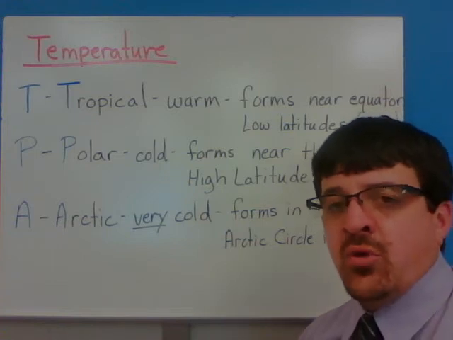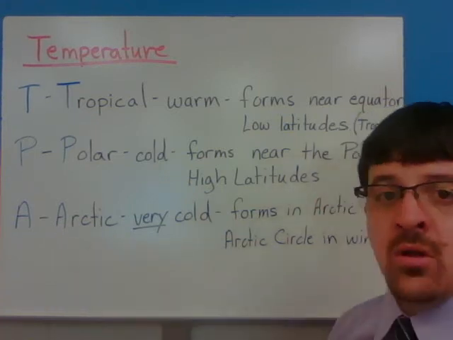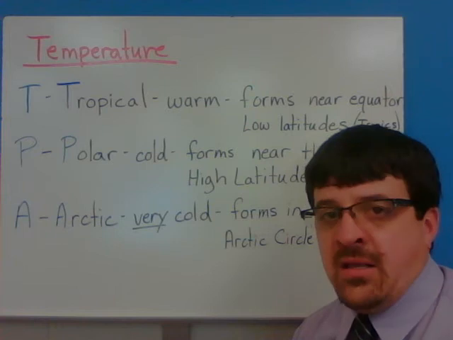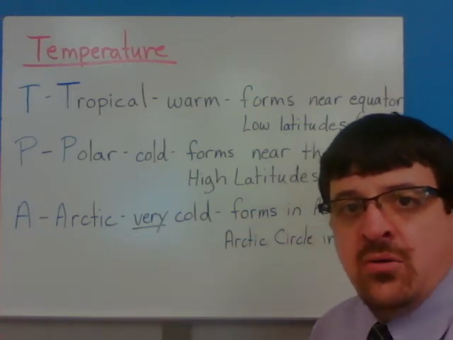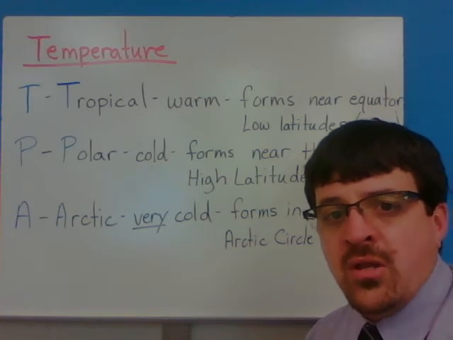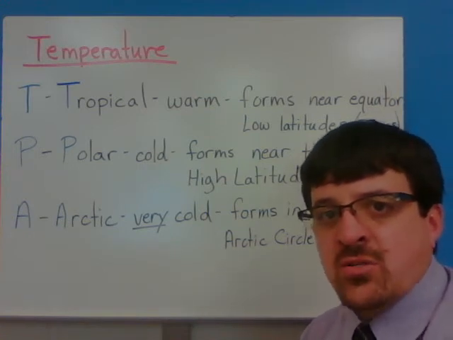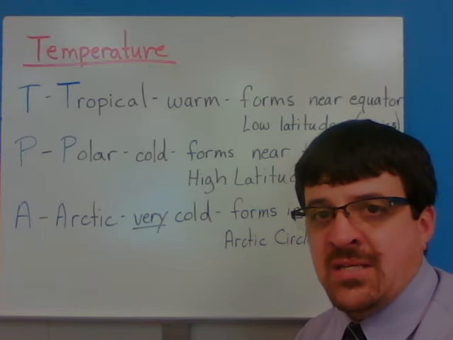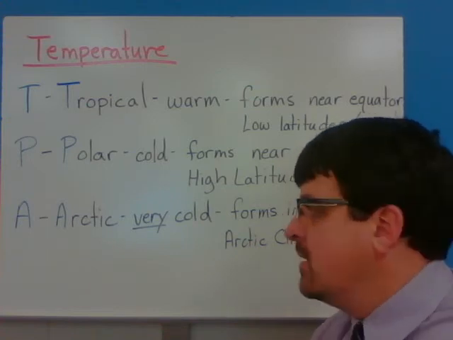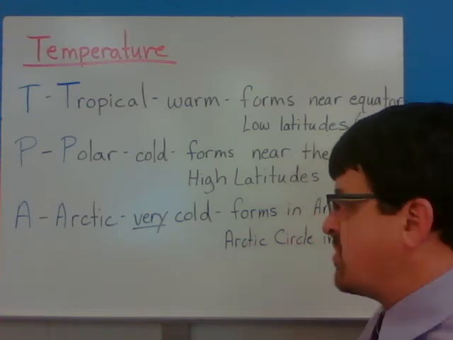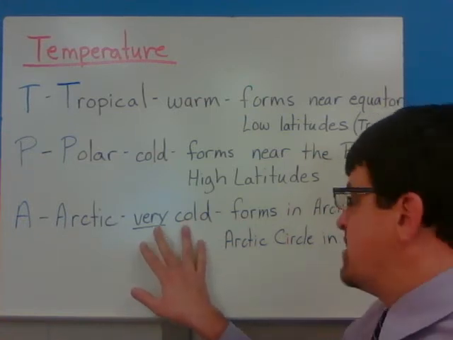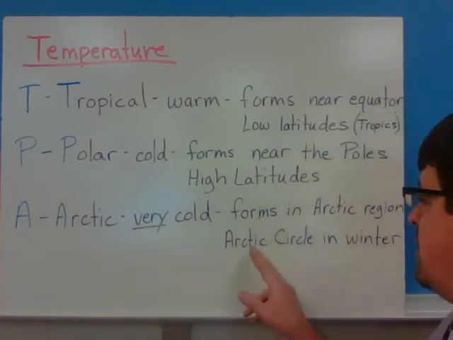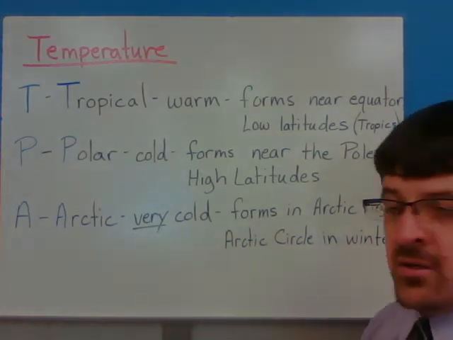Go far enough above the Arctic Circle and they aren't getting any daylight this time of year, and that keeps creeping its way down south towards the Arctic Circle. On the first day of winter, everybody above the Arctic Circle does not get any daylight, and then it starts working its way back the other way. But that creates very cold regions. It forms in the Arctic region, the Arctic Circle, in the winter.